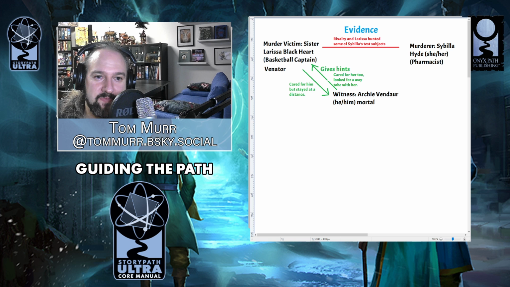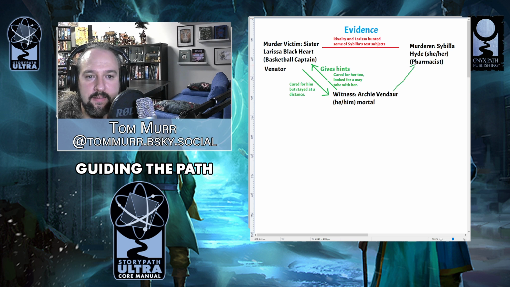So he turns to Sibylla to receive a potion that will basically protect him.